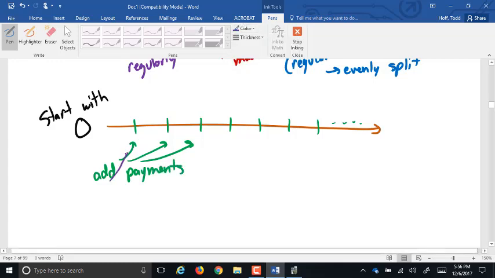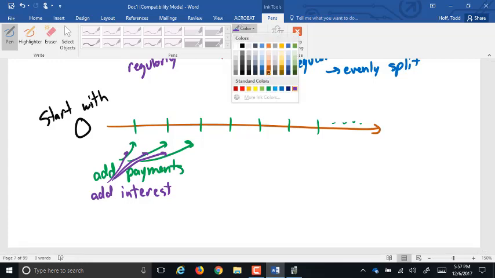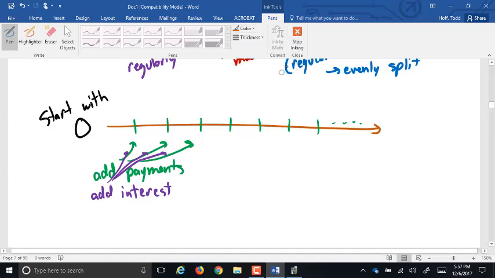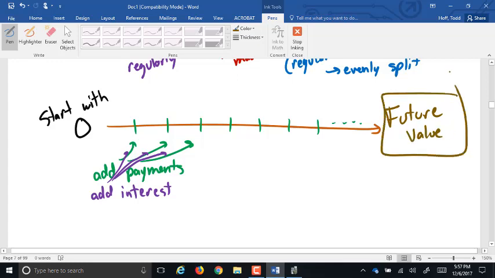And also at those regular intervals, we're going to add interest. To get some sort of future value. So we're starting out with nothing, and we're building up to that lump sum future value.